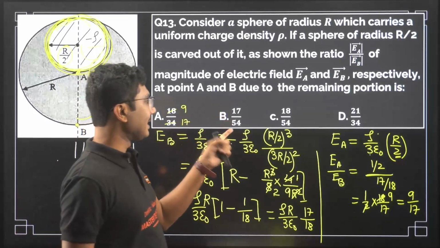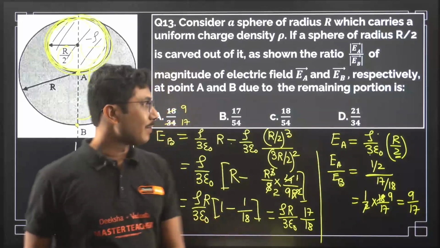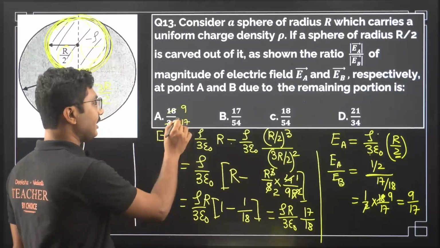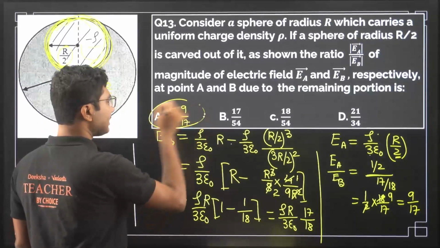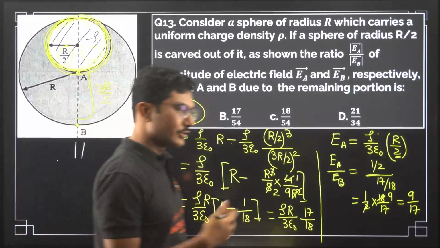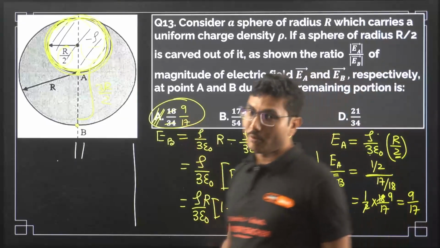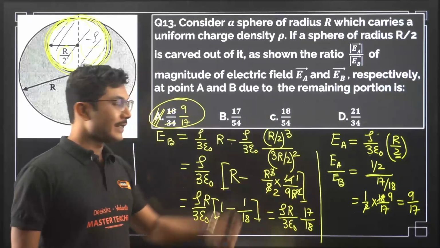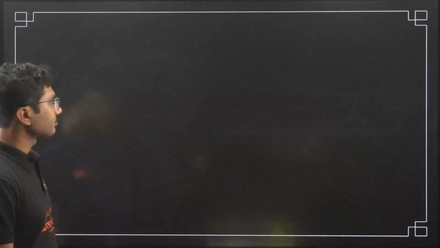You might try to cancel this as well, this as well, this as well, but none of them will give you this 9 by 17. So the correct answer in this case is option A. So this is also a style of giving you questions where the option is not direct. You may need to multiply it with something to get the correct answer.